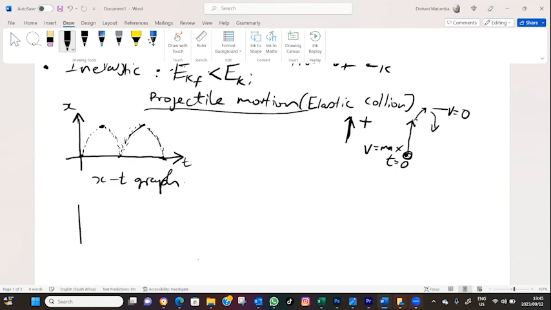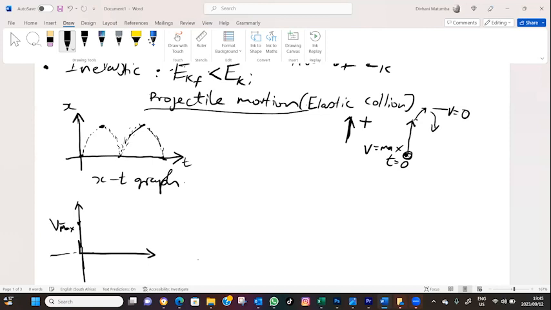Now let us draw the velocity time graph. When your ball is moving upwards, it is moving in a positive direction. As we have said, your ball will start at a maximum velocity, Vmax.